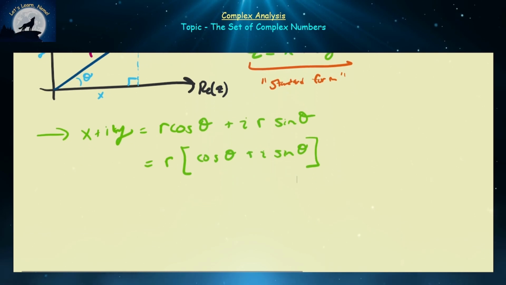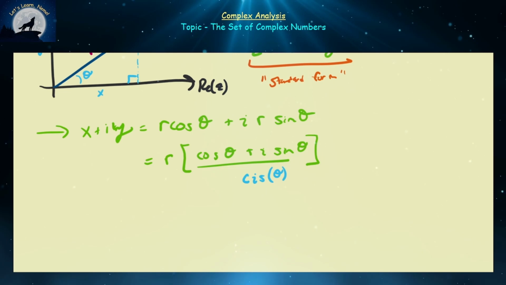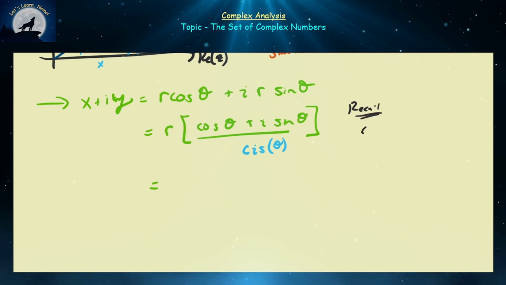And if you remember from single variable calculus or maybe some other courses, cosine theta plus i sine theta, and some people write this as cis of theta, not really used as much anymore, but still present in some literature, is actually equivalent to exponential functions, because if you recall, cosine theta plus i sine theta is actually equal to e to the power of i theta.